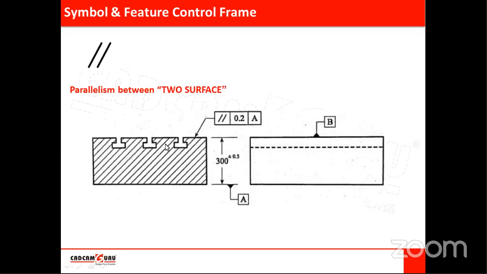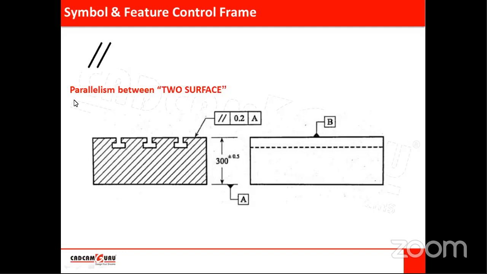This may have deviations, ups and downs on this surface, and this should be controlled within 0.2 mm. Considering this tolerance, the range of the dimension is 299.5 to 300.5. If you add and subtract the tolerance value from this dimension, you get 299.5 and 300.5, and within that range any dimension is acceptable.